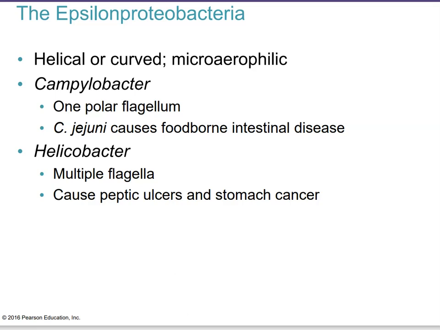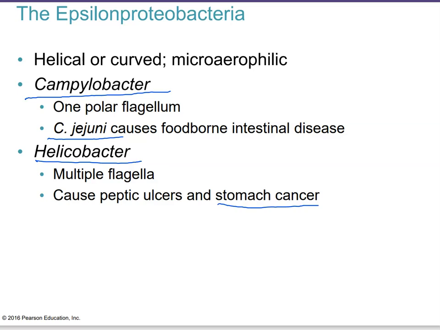Here we have Campylobacter. This one has one polar flagellum. We will talk about this one again in a pathogen group as Campylobacter jejuni. Causes diarrhea. And Helicobacter, this one can cause stomach cancer because it drills itself into your stomach walls. So it also can cause peptic ulcers.